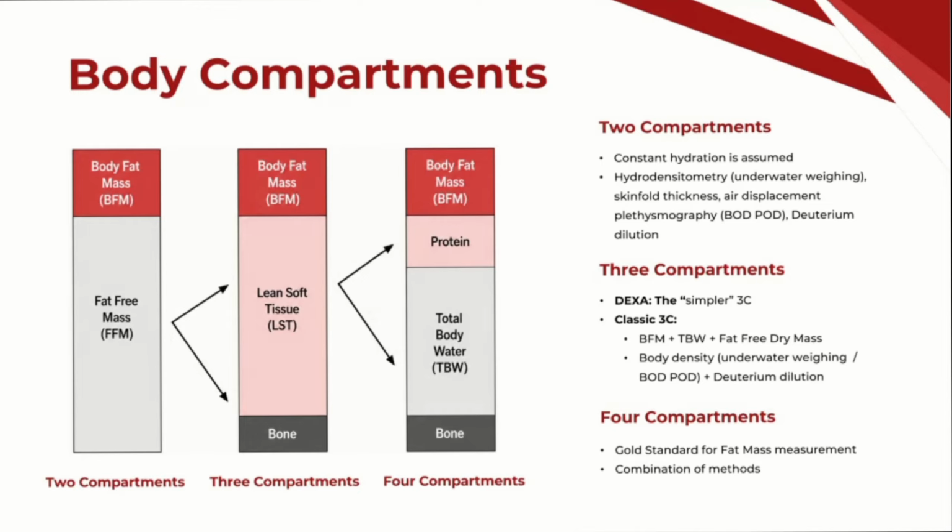However, for those in the body composition field for a long time, the 3C model actually refers to a multi-device assessment that separates the body mass into fat mass, total body water, and fat-free dry mass. So the 3C model depends on who you are talking to.